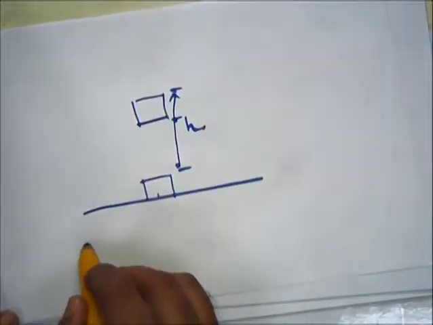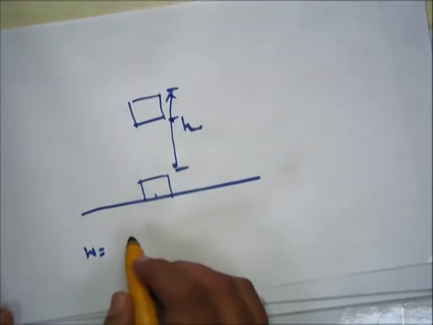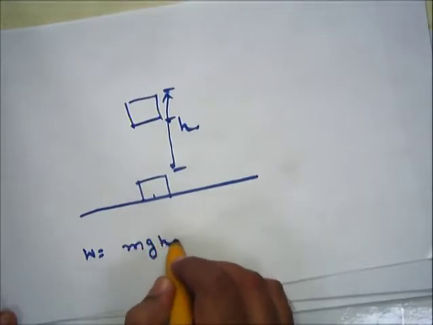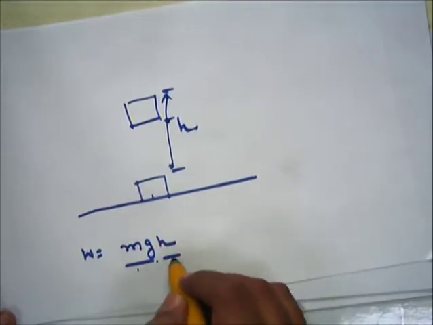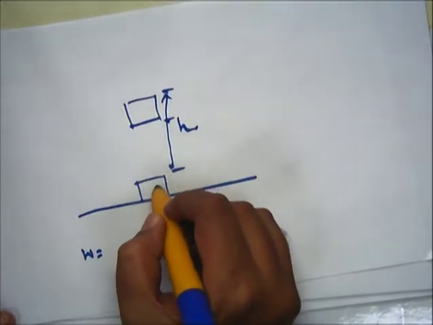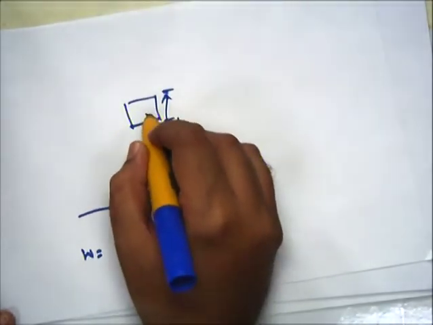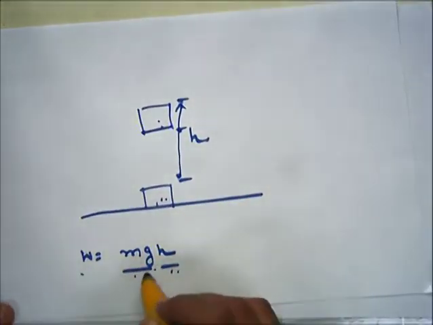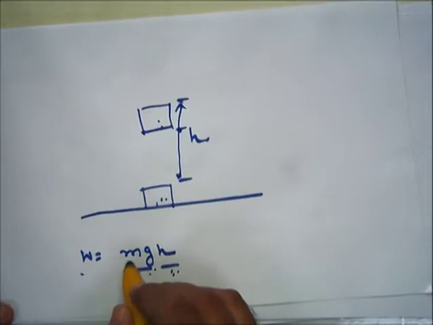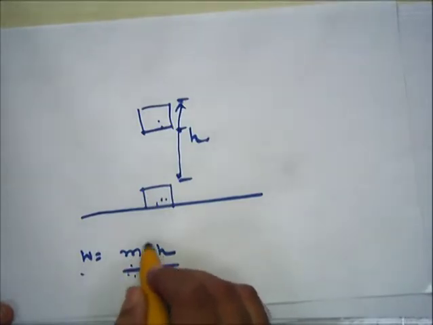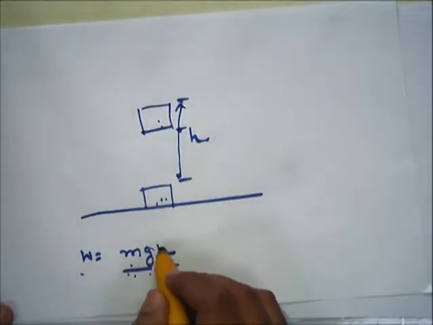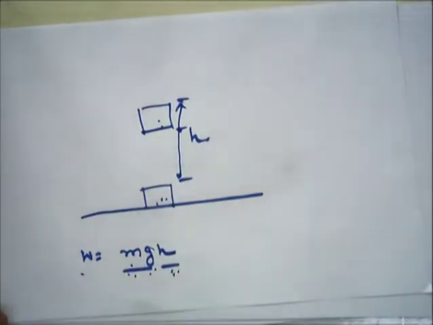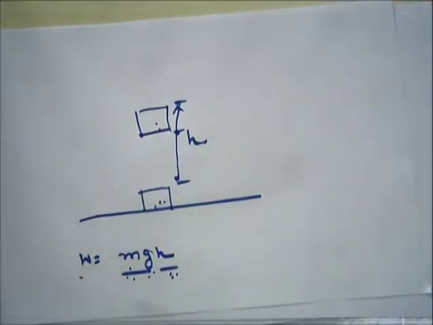So work done against gravity is nothing but mgh, the weight of the body multiplied by height. If we lift the body up to a height h, the total work done is mgh. M is the mass of the body, g is the gravitational acceleration, and h is the height up to which the body is lifted.